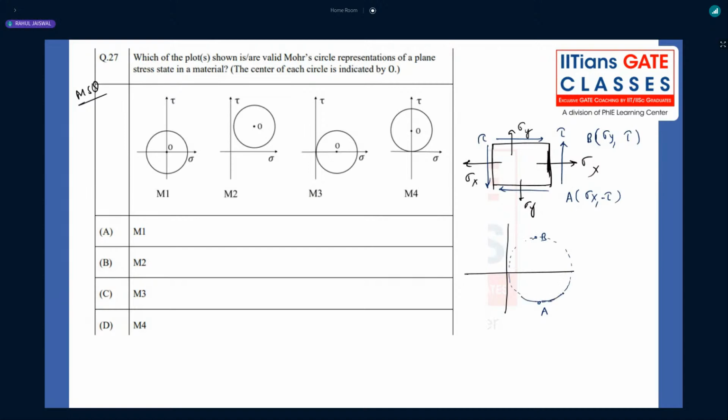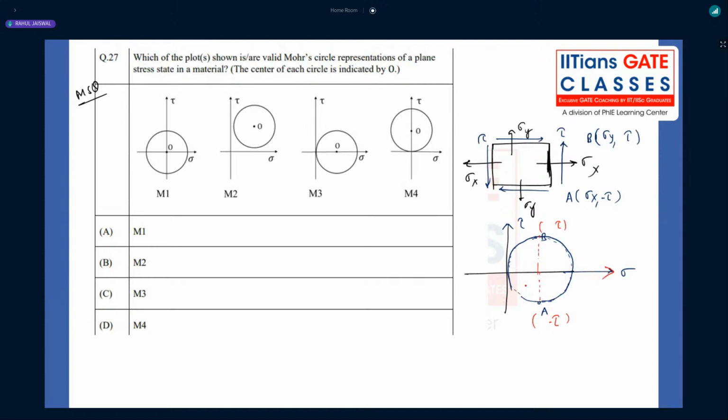Why am I drawing this Mohr circle? Let us understand. This is tau, this is sigma, right? Whatever the tau value is, these coordinates will keep the same tau, so this height will remain the same. So the Mohr circle will always be symmetric about the x-axis.